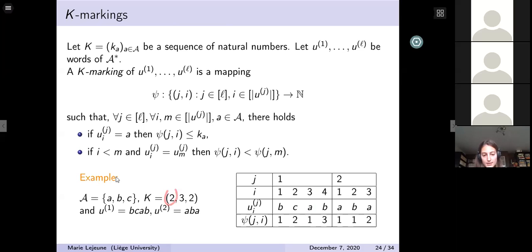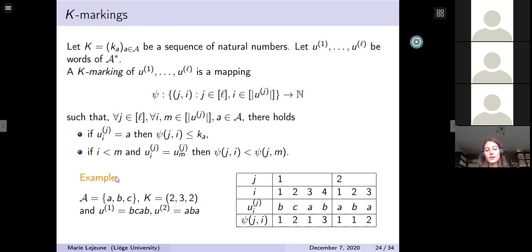So KA is given here, it's 2. So below A's, I can only put 1 or 2. Below B's, KB is 3, so I can only put 1, 2, or 3. And below C, I can only put 1 or 2. That's the first rule.